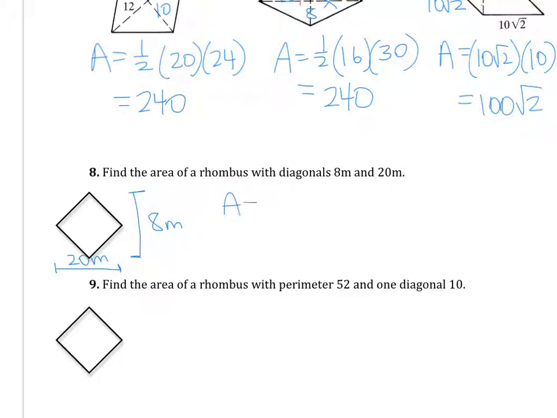It's going to be area equals 1/2 diagonal 1 times diagonal 2.